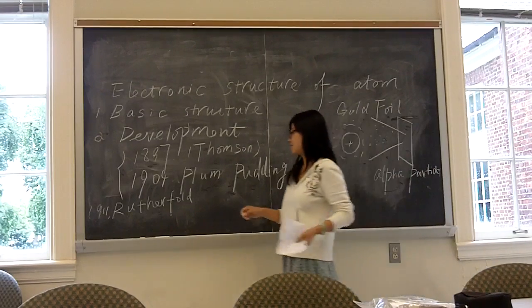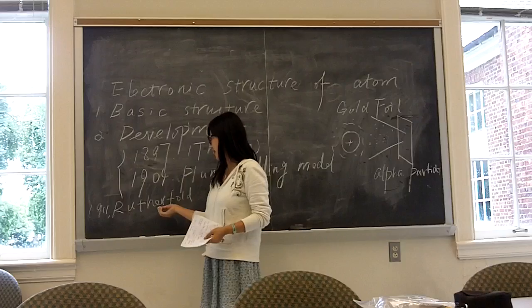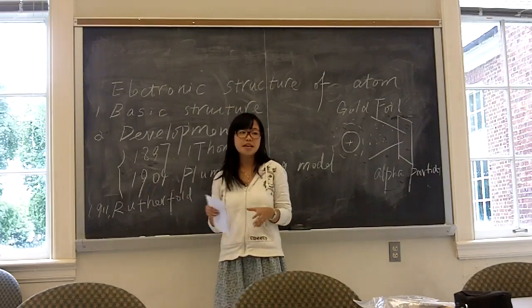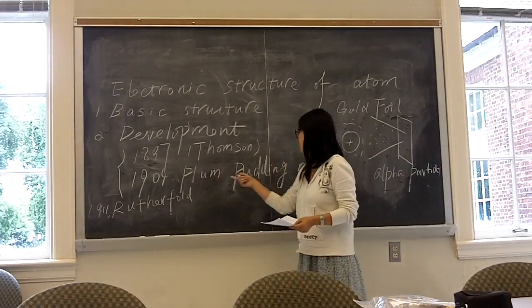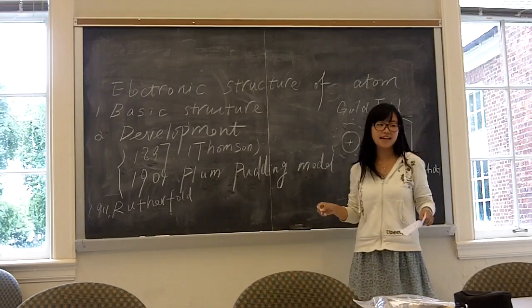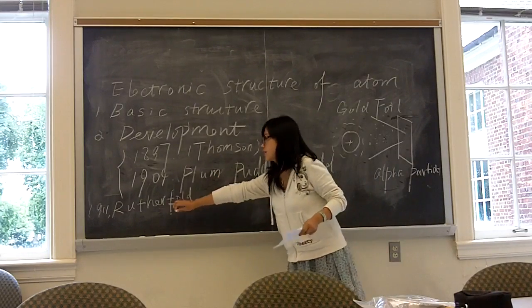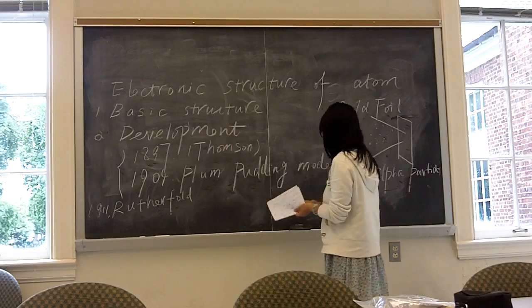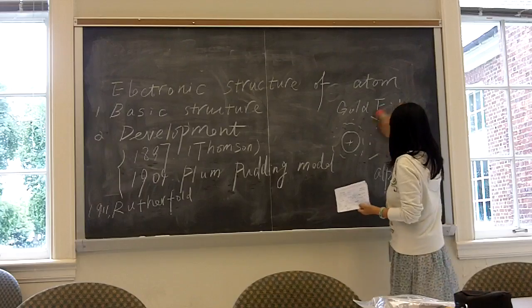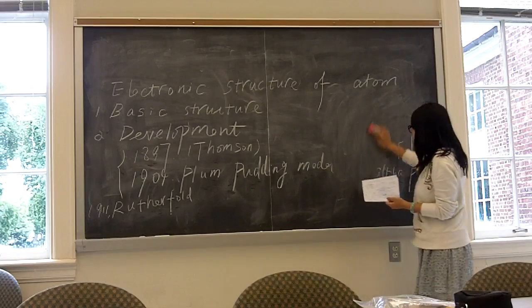So the experiment not only proved the existence of electrons, but also made the plum pudding model fall down. And Rutherford therefore set up his own model, which we can mention next.